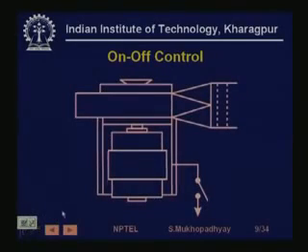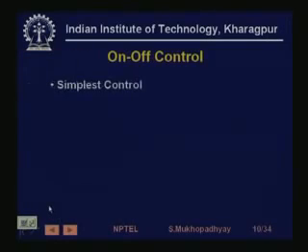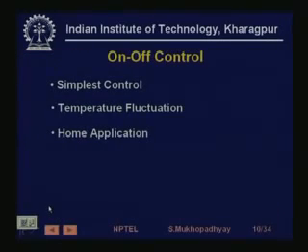So what are the other methods? On off control is the simplest of control. Basically flow fluctuation may cause temperature fluctuation. Sometimes for home applications it is used when you have less load and a large volume.